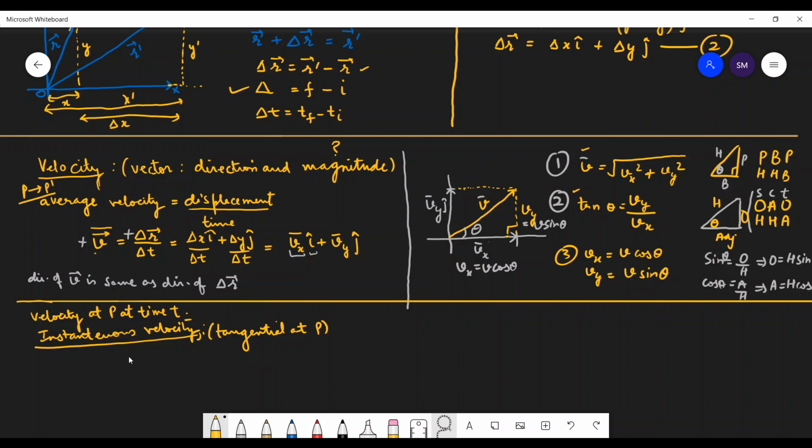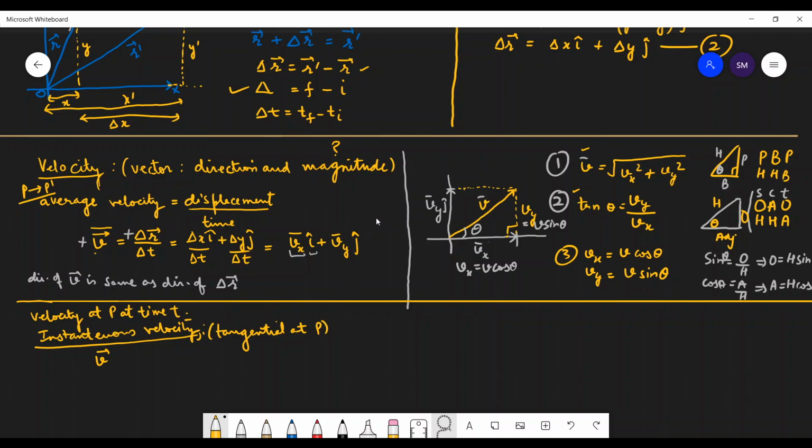Now, what will be the symbol for instantaneous velocity? Just simply remove this bar. If you put a bar, then it is average velocity; no bar, instantaneous velocity. So how do we calculate this instantaneous velocity?